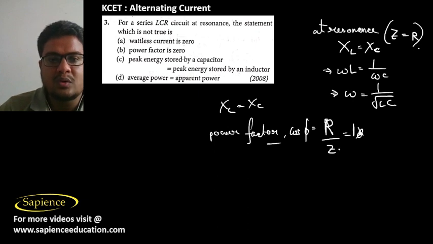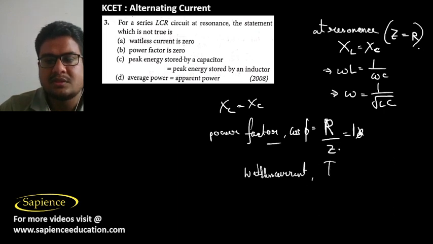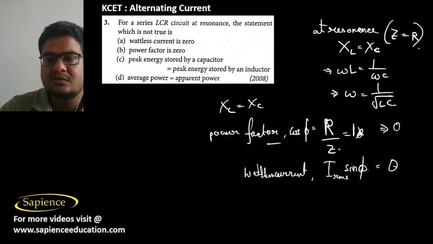So the power factor is not 0. And the wattless current is IRMS into sin phi. So that would be 0, since cos phi is 1, so phi is equal to 0 degree. So sin phi will be 0. So IRMS sin phi is 0.